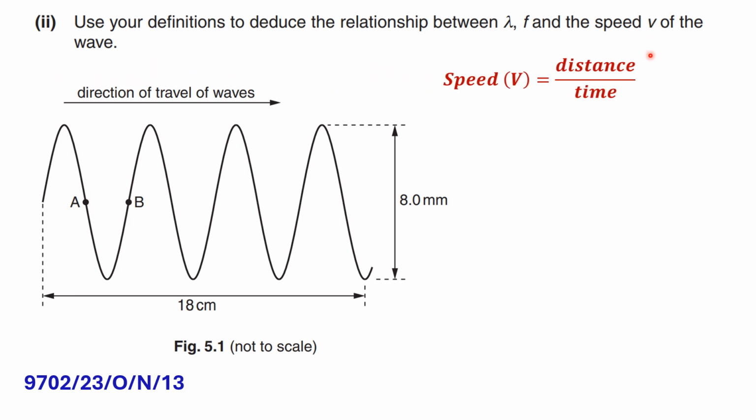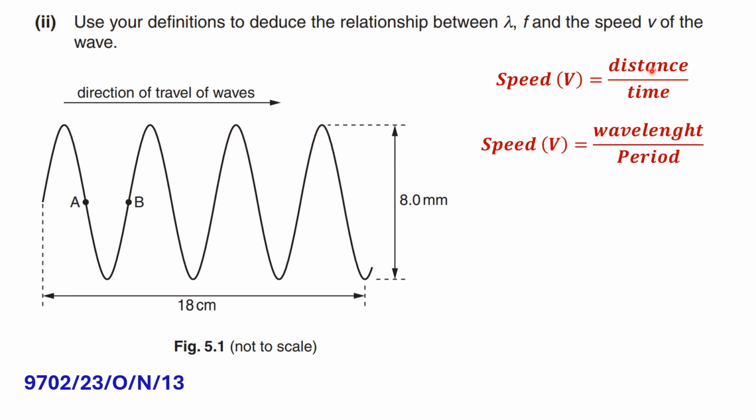So let me start with the general formula for speed. Speed is distance over time. In terms of a wave, the distance is one wavelength, and the time is the time it takes for one wavelength to pass, which is called the period.